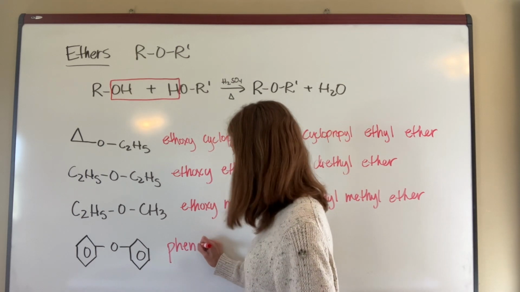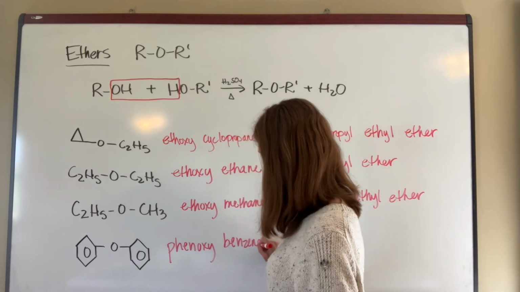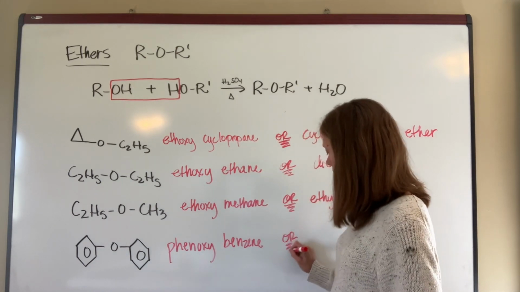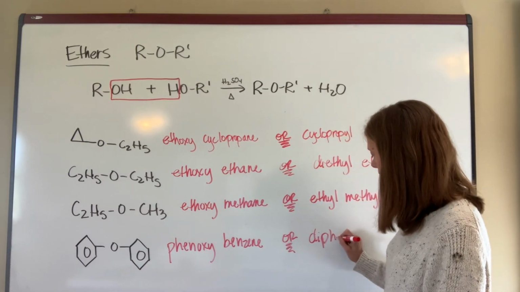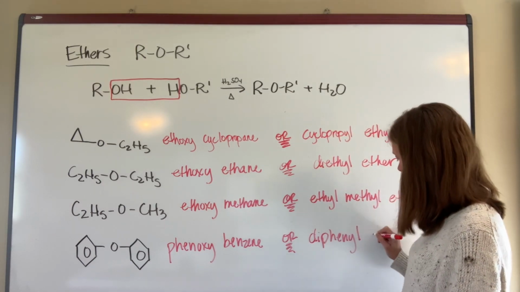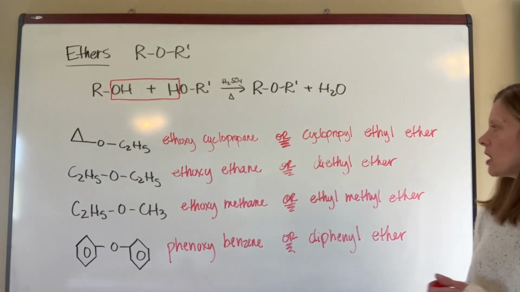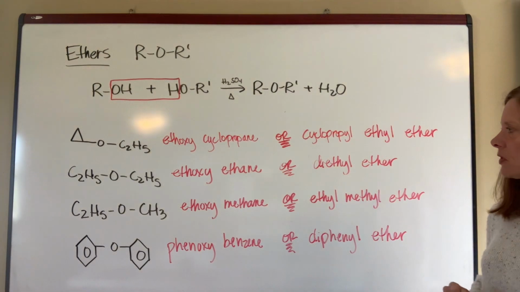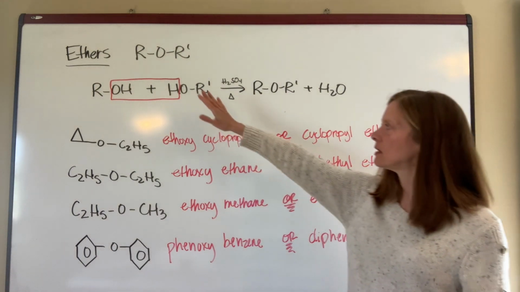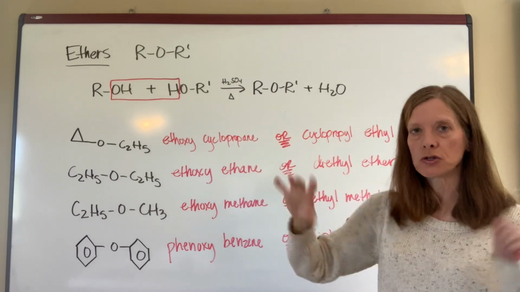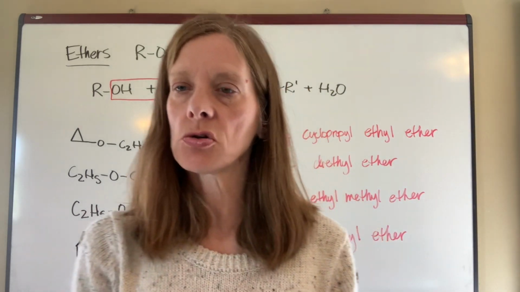So I could call this phenoxybenzene, or I could name it as diphenyl ether. Okay, so there you can see several examples of how we name ethers, and you can see how we form an ether by reacting two alcohols together. So that is going to conclude our discussion on ethers.